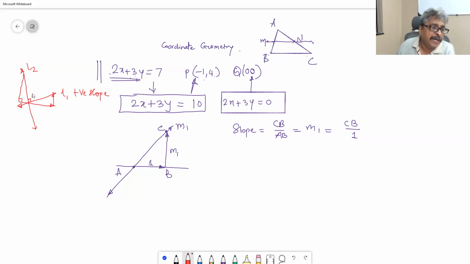However, from point A, if you are moving to point B, then you are going in the negative direction of the x-axis and the positive direction of the y-axis. The slope is bound to be negative. Now, I am ignoring the other case. If I give you the slope of L1 positive, then the slope of L2 has to be negative. If the slope of L1 is negative, then the slope of L2 is going to be positive if they are perpendicular to each other. Okay, this is the observation.